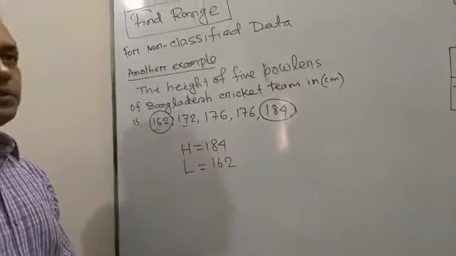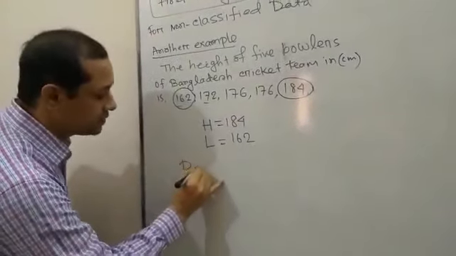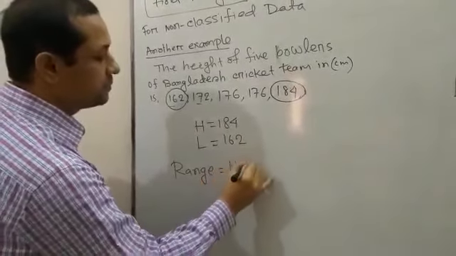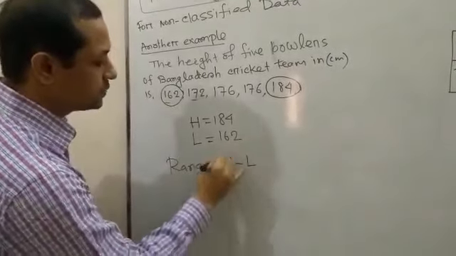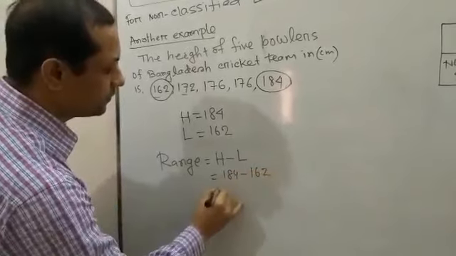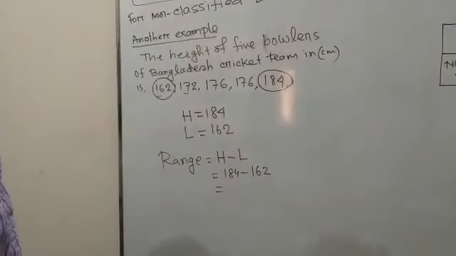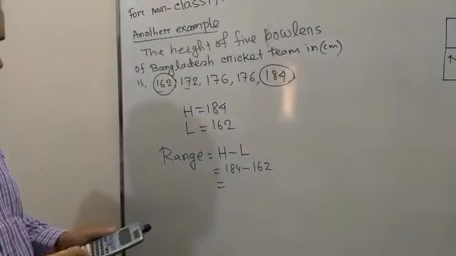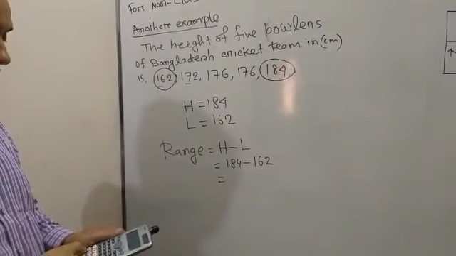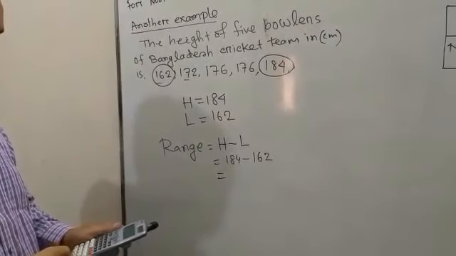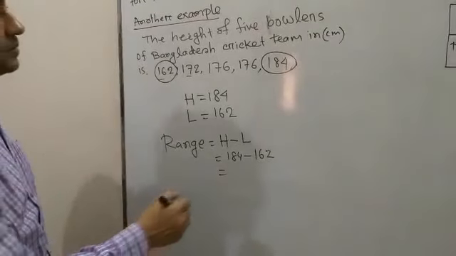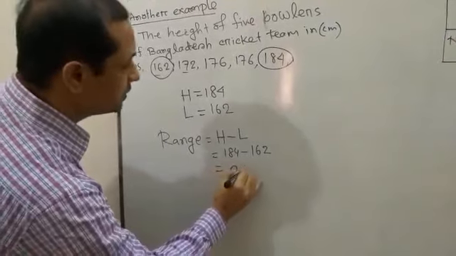By the definition of range, we know that range equals highest value minus lowest value, which is 184 minus 162 equals 22.